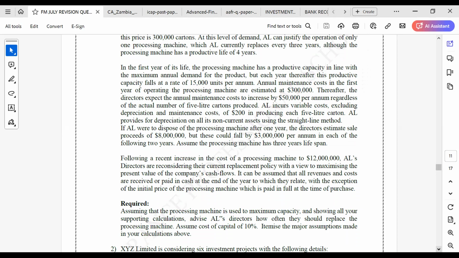Okay, do we know how much they are purchasing the processing machine for? Are we given the amount that they are purchasing the processing machine for? Yes, 12 million. Is that so? Following the recent increase in cost of the processing machine. Okay.